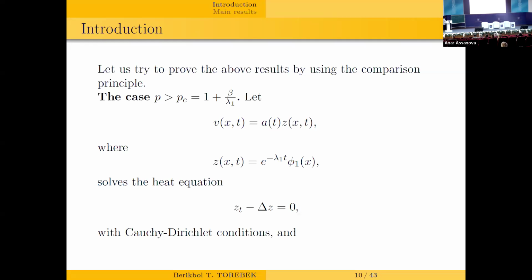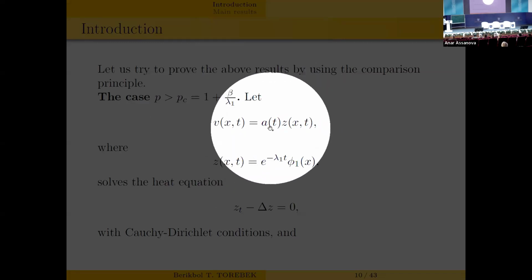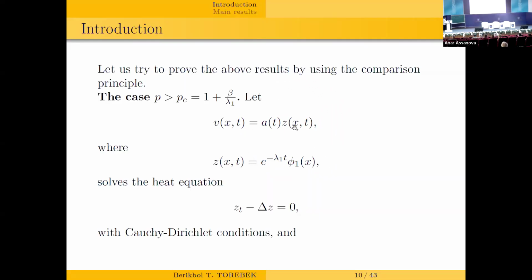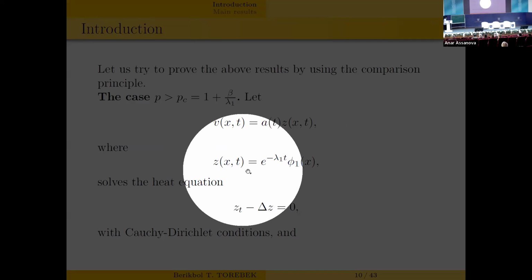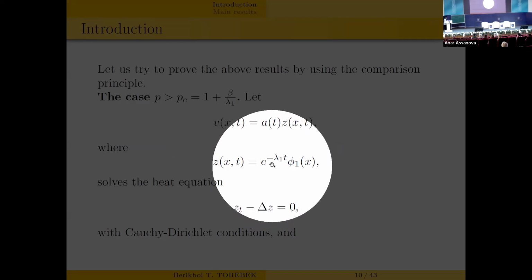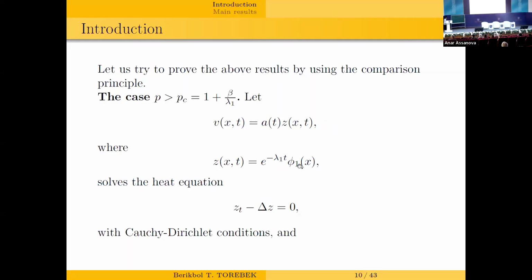Then let us consider this kind of function, v(x, t) equals a(t) times z(x, t). Here we have an explicit representation of z(x, t), defined by the exponential function, where lambda 1 is the first eigenvalue of the Dirichlet Laplace operator and phi 1 is the first eigenfunction of this problem.